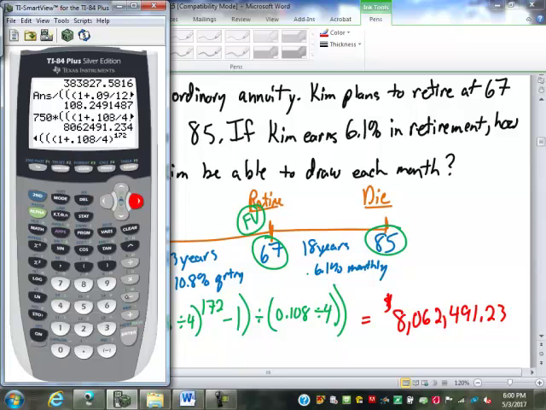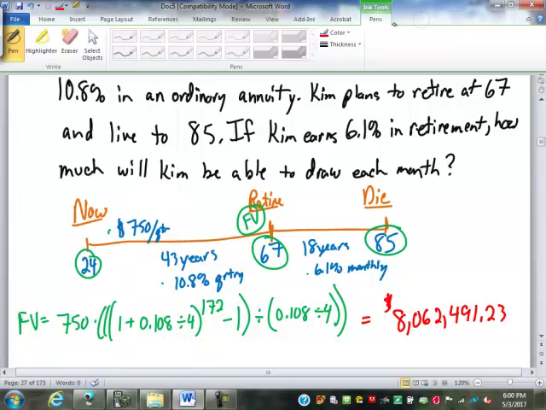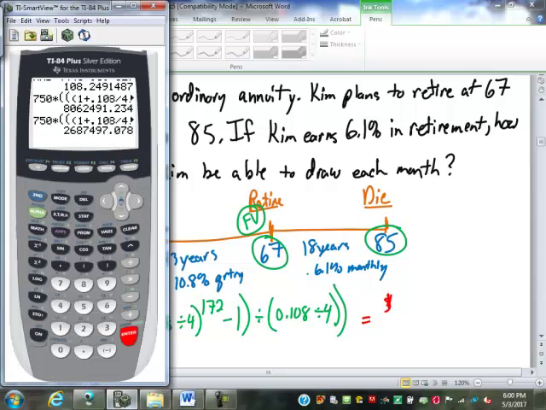It is $2 million. I knew exactly what I did as soon as I started punching in. I had put in divided by 12, and the last one I said divided by 4. So $2,687,497.